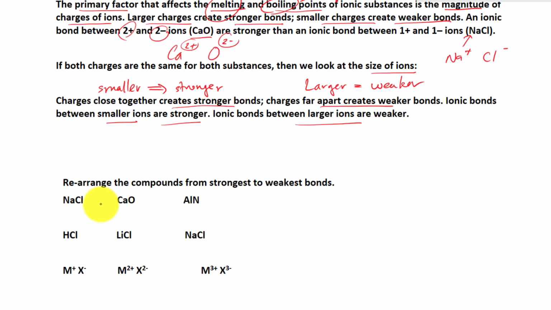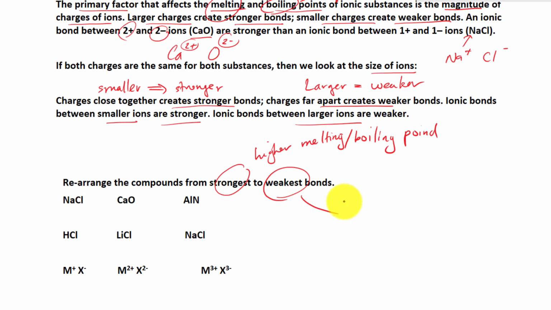Let's do an example problem. Rearrange the compounds from strongest to weakest, okay? And the strongest would have a higher melting point or boiling point, whereas the weakest will have a lower melting point or boiling point. In this case, we have sodium chloride, calcium oxide, and aluminum nitride.